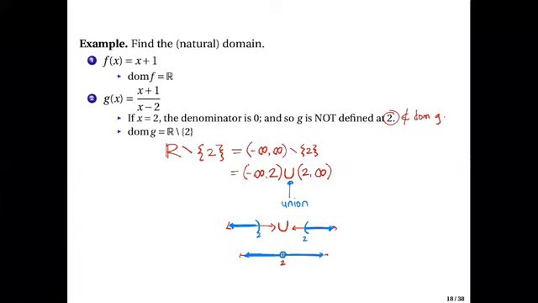So this means we are not including 2, because we are using parentheses here and here. And graphically, it's drawn this way.